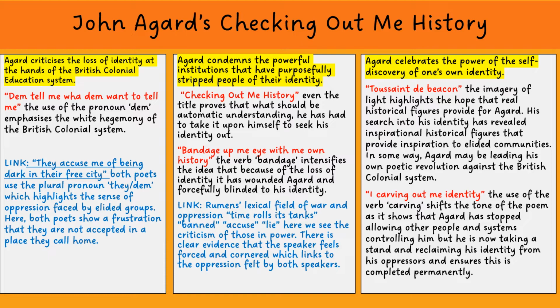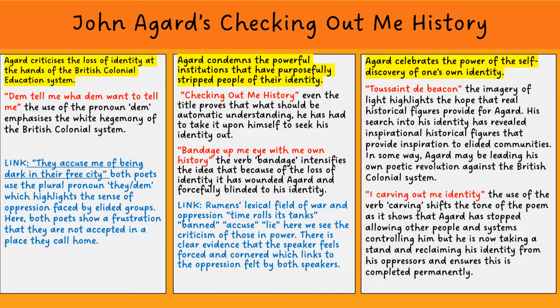that he faced, and others face, at the hands of this system. Now we can make a really seamless link to "The Emigree" here because, again, Carol Rumens in her poem states "they accuse me of being dark in their free city", okay? And what we can see here is that both poets use the plural pronoun, "they" and "dem", okay?